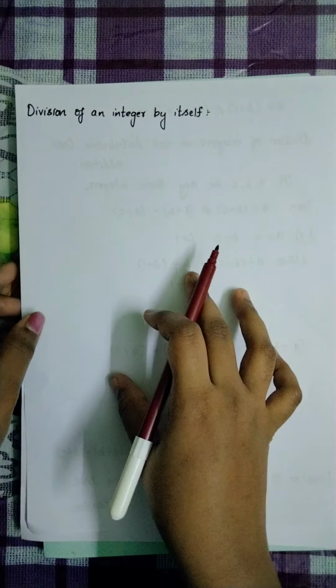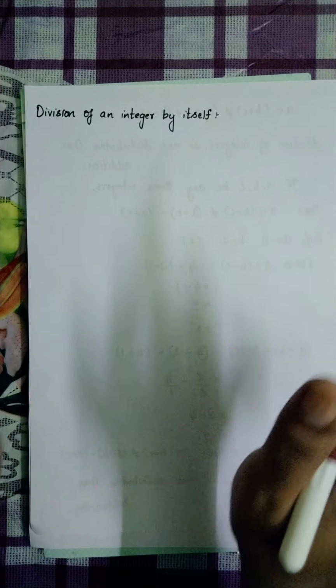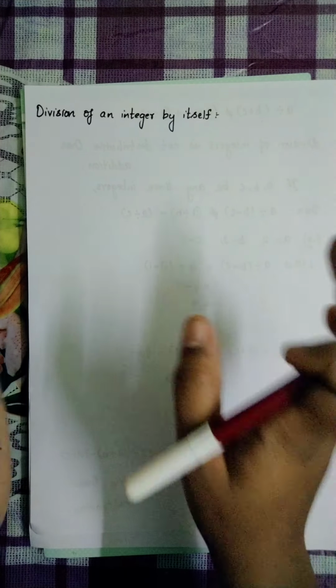Okay, our next heading is division of an integer by itself. We can say it as condition or property or rule, anything. When you are dividing an integer by the same integer, what is the answer? That is the question.